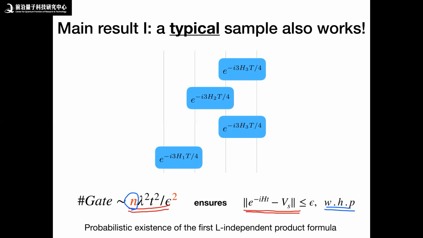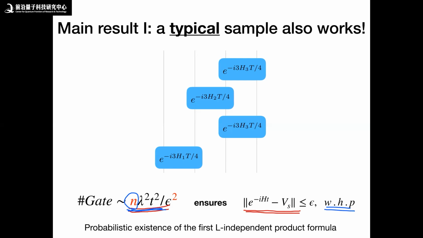And already of theoretical value, by this probabilistic argument, we found product formulas that are independent of L. Previously, all product formulas known in the deterministic sense have an L. By randomizing, we get rid of L and replace it with n, the number of qubits.